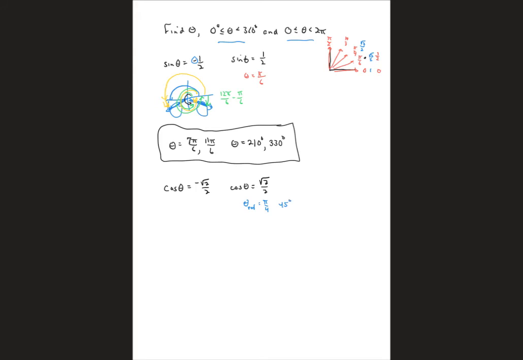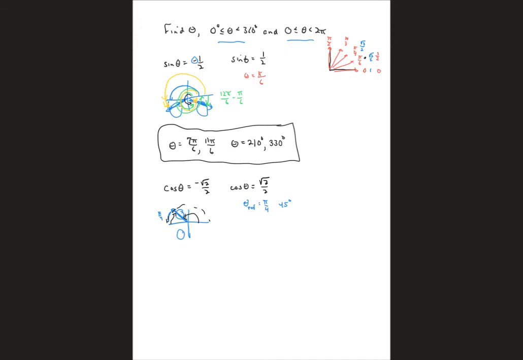And then we need to know in which quadrants cosine is going to be negative. Cosine's the x value, so that's going to put us in quadrant 2 and quadrant 3. So if our reference angle is pi over 4, then the angle we're looking for is going to be pi minus 1/4 pi.